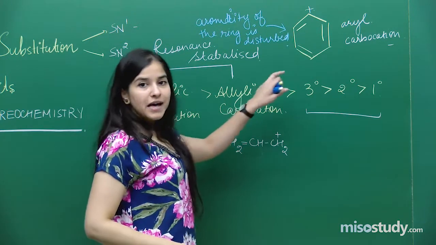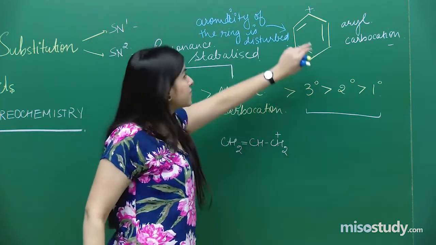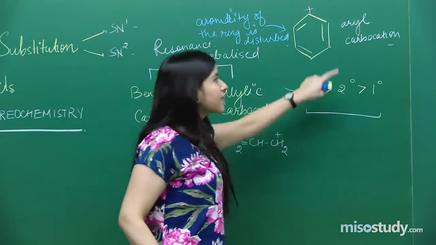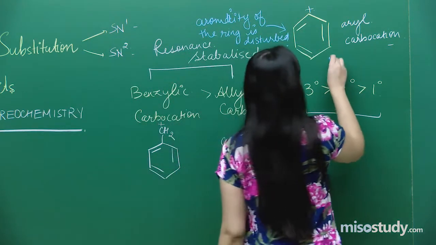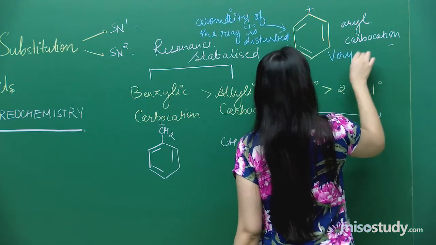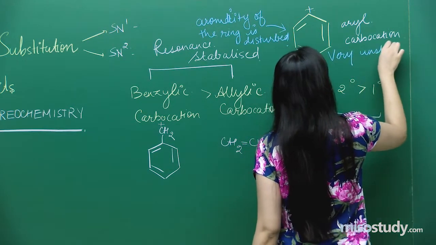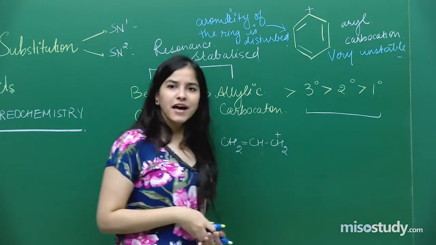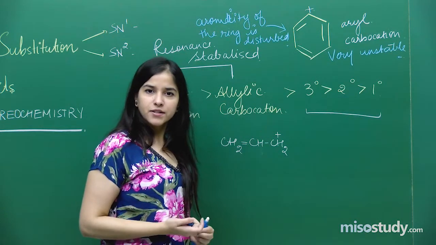Due to which what has happened? Due to the disturbance of this aromaticity, because of this positive charge, this aryl carbocation is very unstable. Why am I saying that the aromaticity of this particular ring is disturbed?